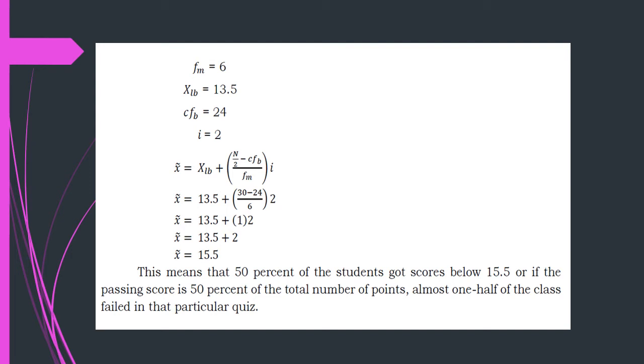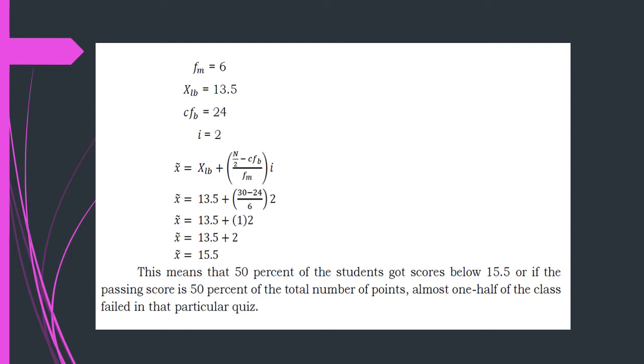So the median is equal to XLB plus the quantity n divided by 2 minus CFB, all over FM, times the interval. Our XLB is 13.5 plus 30, since 60 divided by 2 is equal to 30, minus 24, all over 6, times 2.